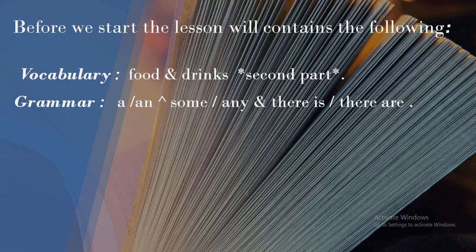In the last lesson, we studied countable and uncountable nouns. Some and any for today. There is, there are. And we will see how to make an offering, food and drinks.